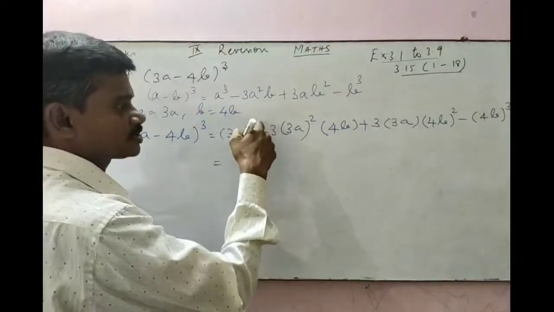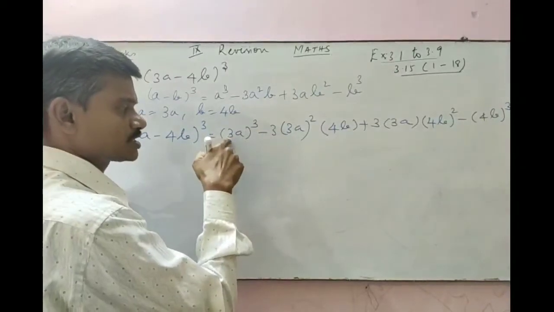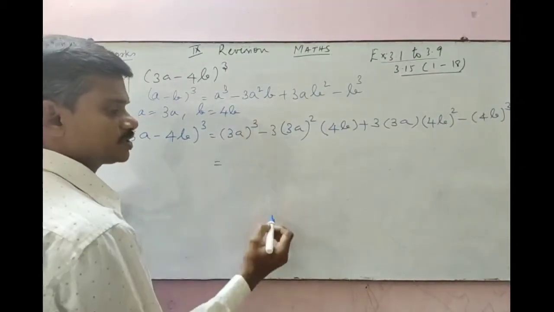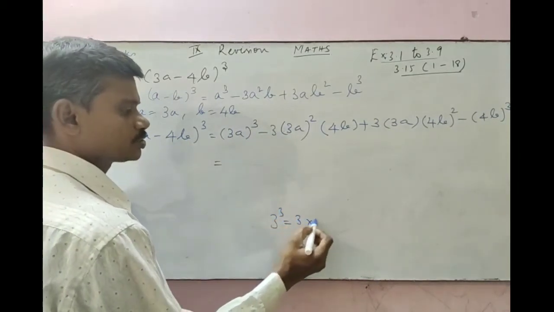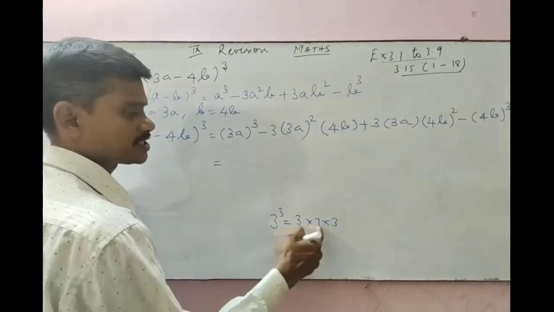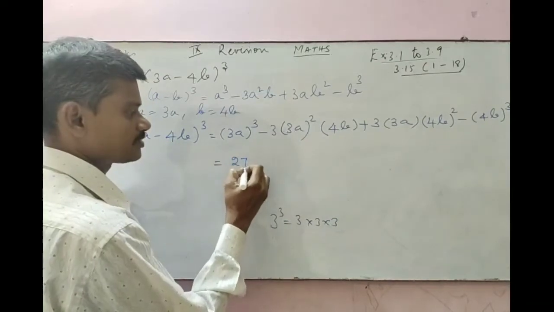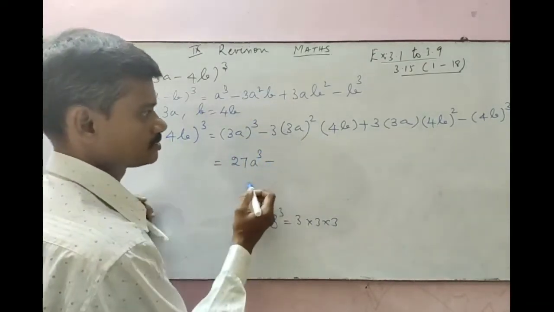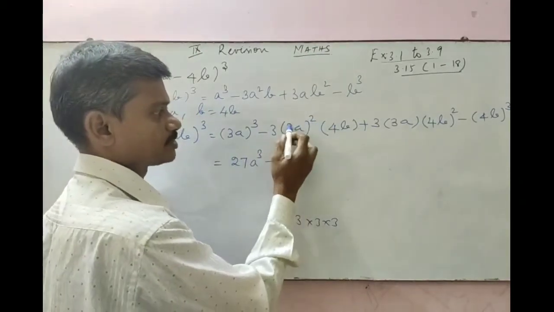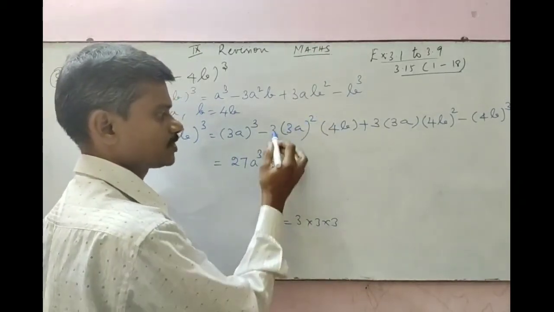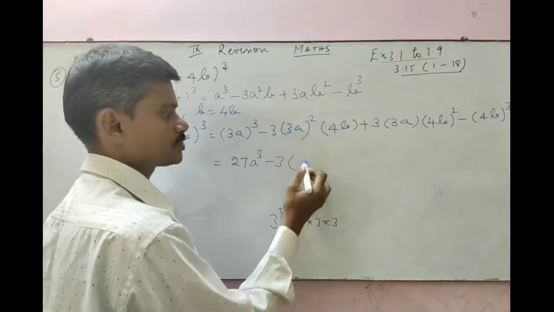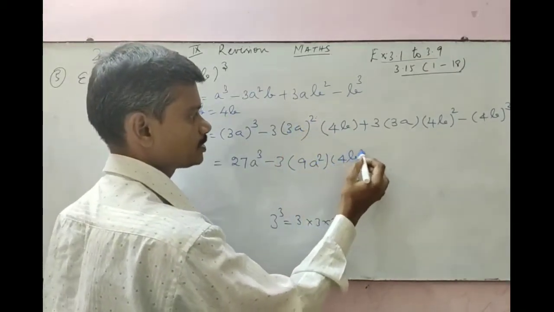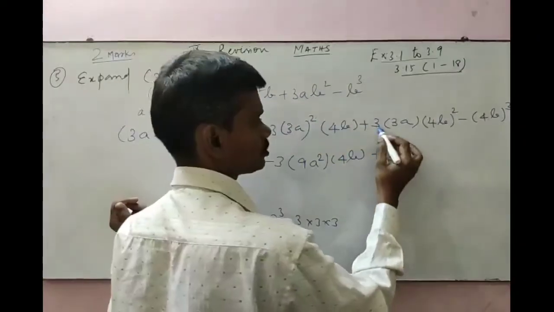3 cube. This cube belongs to this number as well as the variable. So 3 cube means 3 into 3 into 3. 3 3s are 9, 9 3s are 27. A cube comes as it is. Minus, first we have to square this term. Like that here 3 square. Write the 3 as it is. 3 square gives 9. A square is a square, into 4b, plus here also 3 into 3a.